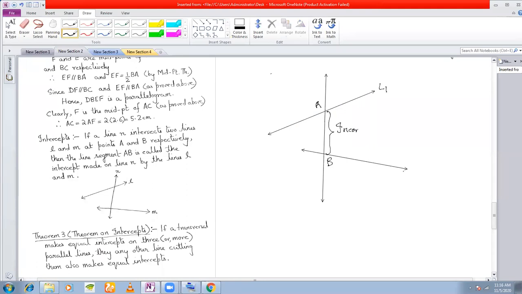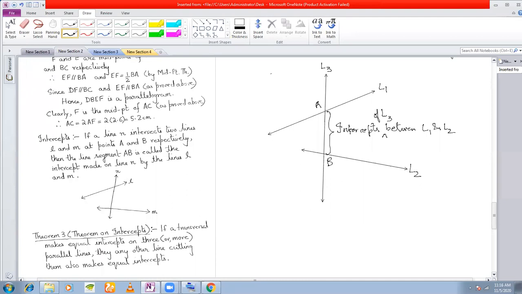If I call this line L1 and this line L2, this length is called the intercept between L1 and L2. If I call this line L3, then it is the intercept of L3 between L1 and L2.